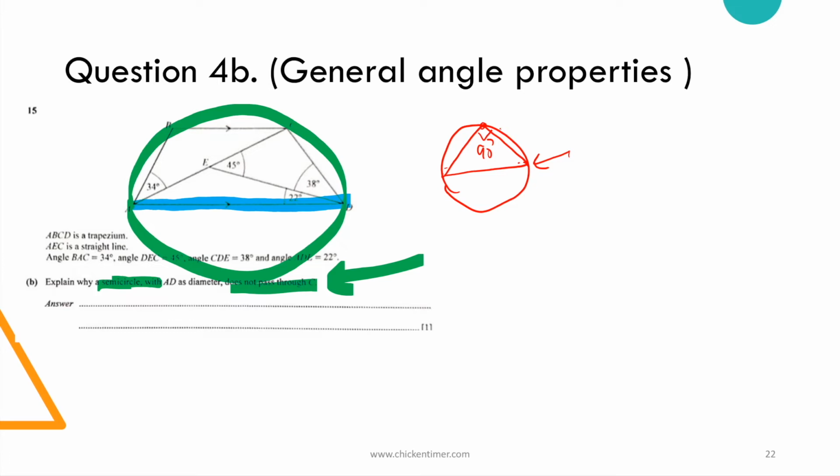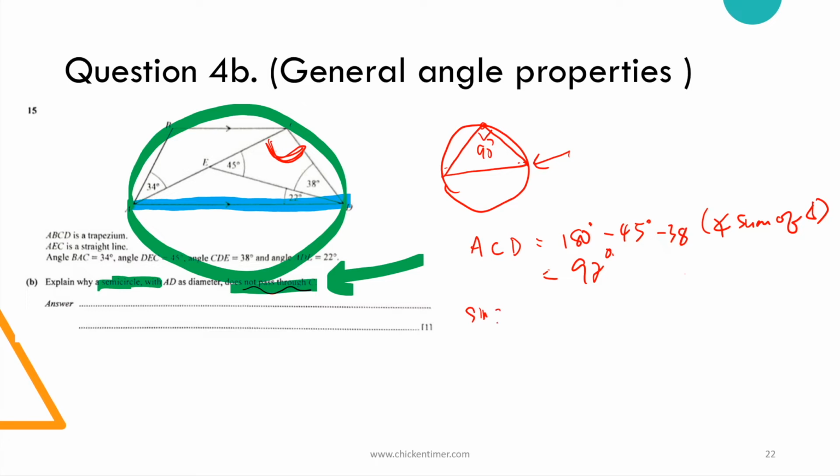So in order to prove that it doesn't pass through C, we have to prove that this angle here that is formed is not 90. So we will find ACD is equal to 180 minus 45 minus 38. Angle sum of triangle. So it's 97.